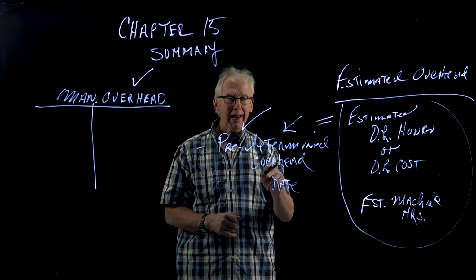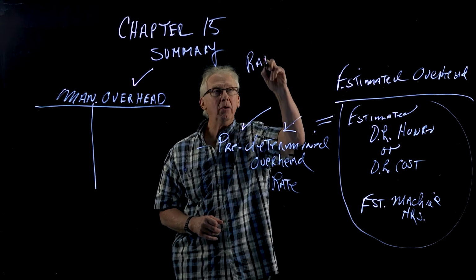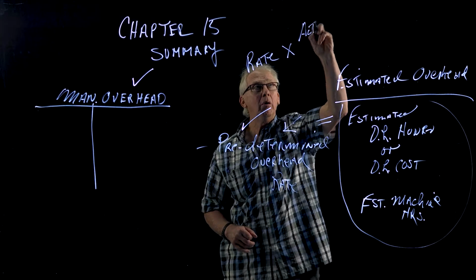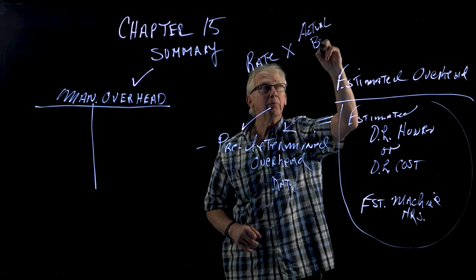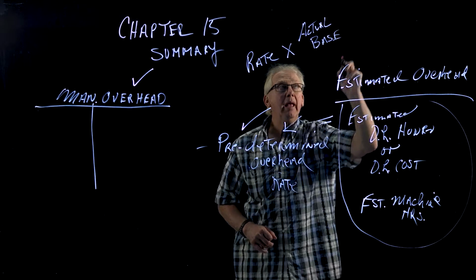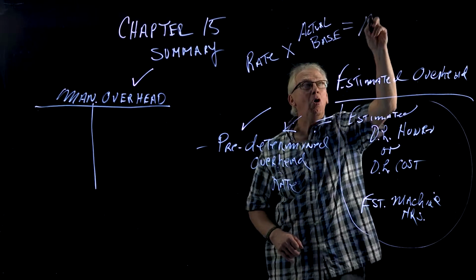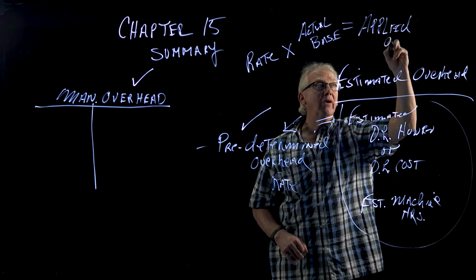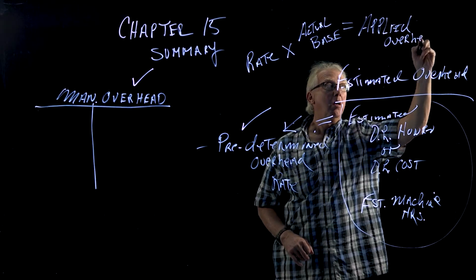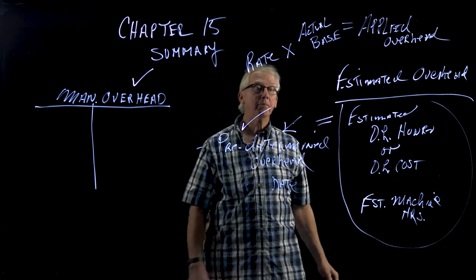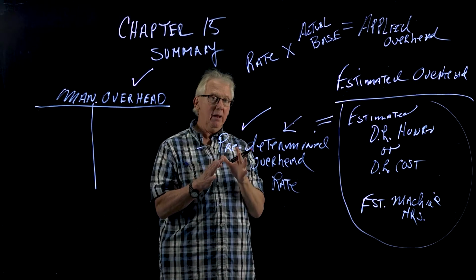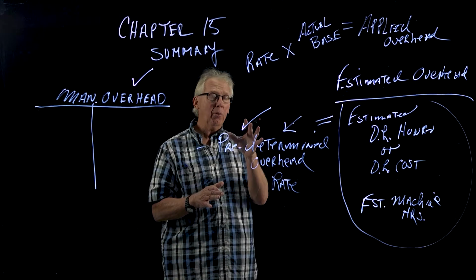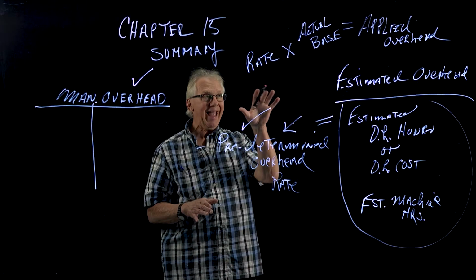Well, we take this rate and we multiply that times our actual base, and that gives us what we call applied overhead.